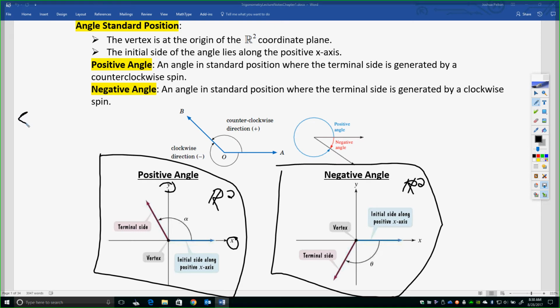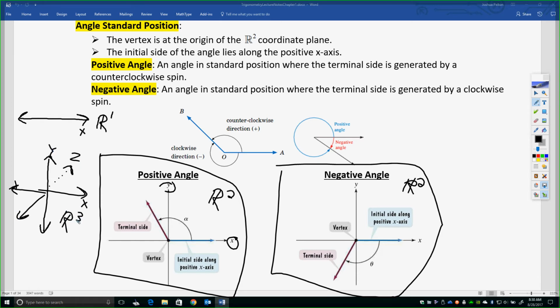And just for reference from Algebra 1 and geometry, if you're just on a number line, that's R1, because you just have X. If you're in the third dimension, you would have an X, a Y, and a Z for three dimensions, for R3. But we'll be working in R2.